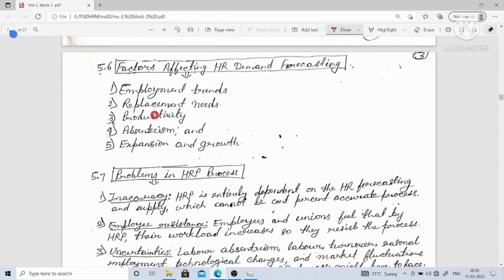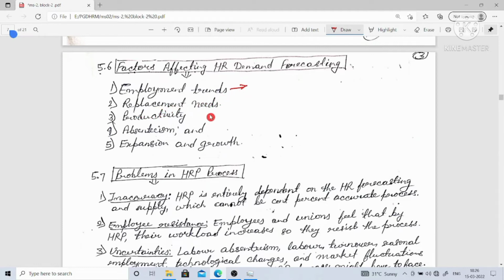Factors affecting human resource demand forecasting: employment trends. According to the employment trend, human resource demand will be affected.